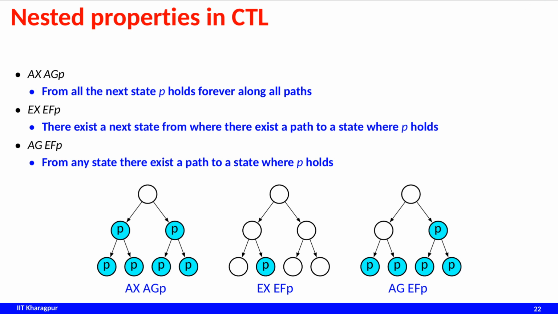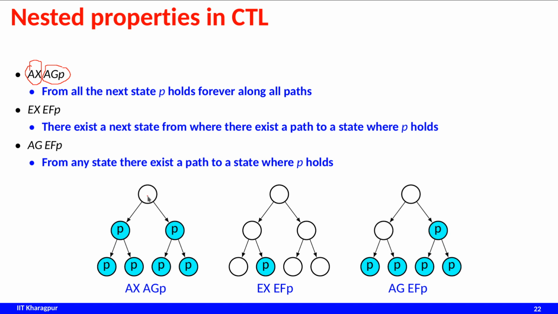When I have a nested formula like AX AGP, it means from all the next states P holds forever along all paths. AGP means P holds globally along all paths, and AX means that along all paths from the next state, AGP should hold.